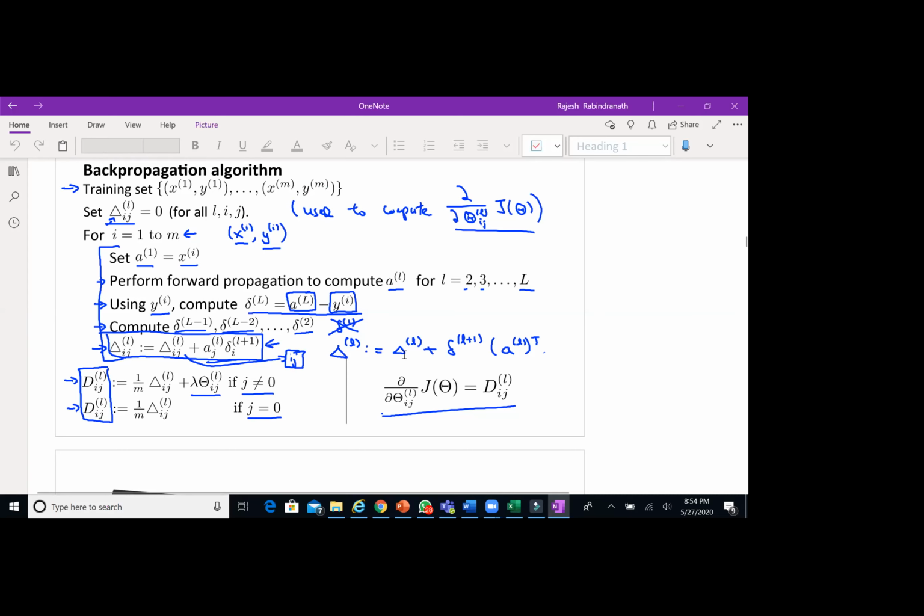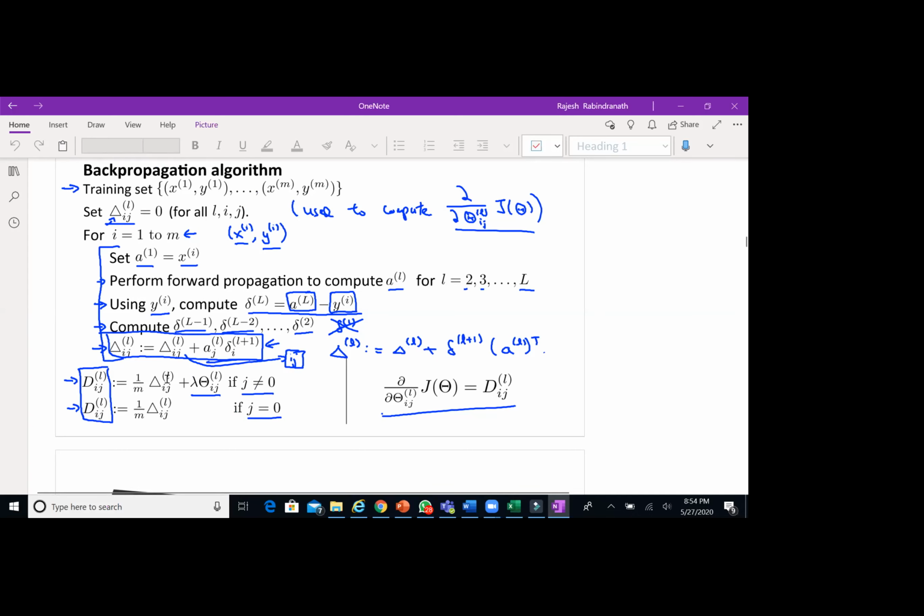The final delta L is built from the individual delta L, and this is how you calculate it each time, if you take this as a scalar. Finally you get the delta, and once you have the delta, this is the final value of your error function.